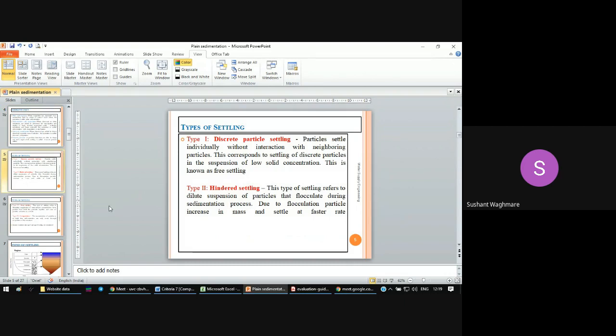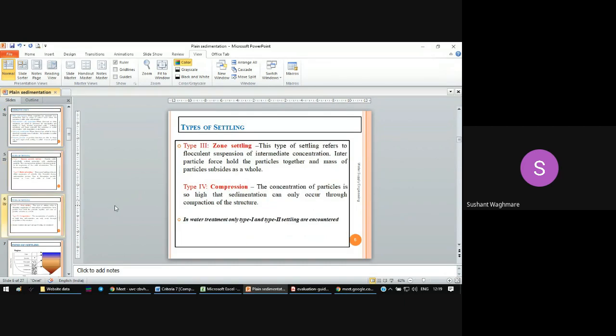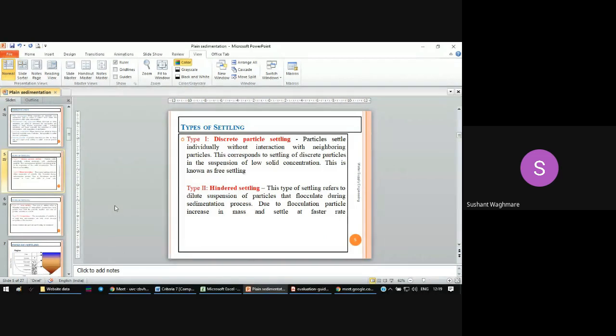So basically, there are four types of settling. First is discrete particle settling. We already know the meaning of discrete. Discrete means the particle behaves individually, separately. So each and every particle settles on its own, without taking help of anyone, or without being in contact with any of the other particles.